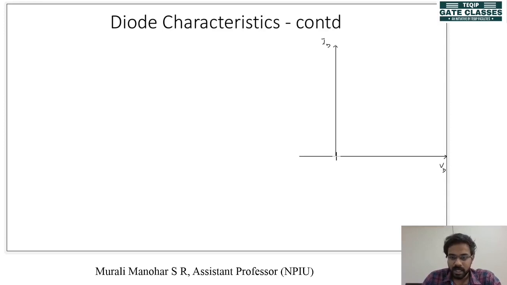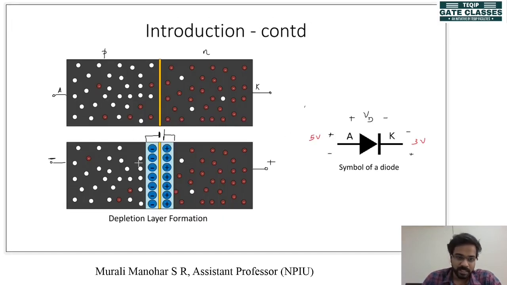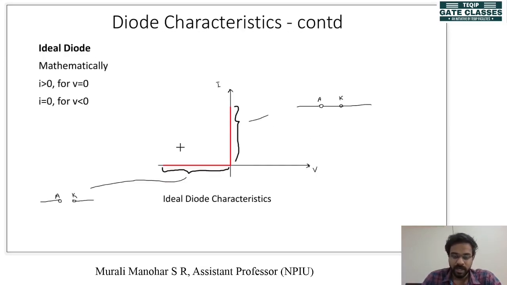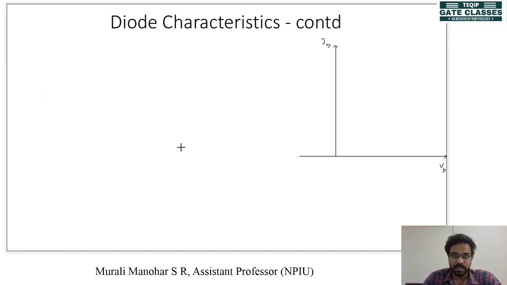So when we increase the voltage, I have already told you that there is a junction potential. So if we are forward biasing the diode, we have to overcome that junction potential to cause current flow. As we increase the voltage, initially the current is very small, and after a particular voltage, the current starts to increase, and that voltage is called threshold voltage or knee voltage.